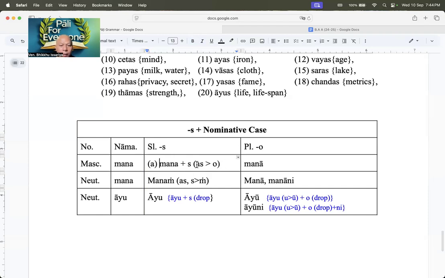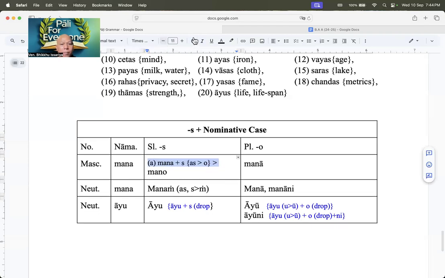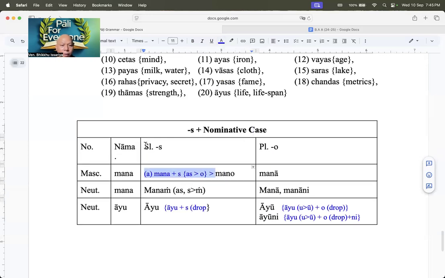And then here, that a is changed to o. So in this way we have the mano. Okay, we can understand this way.